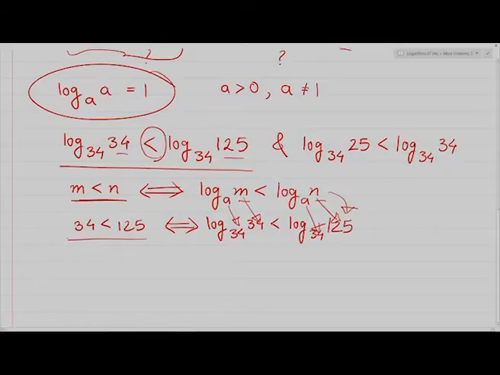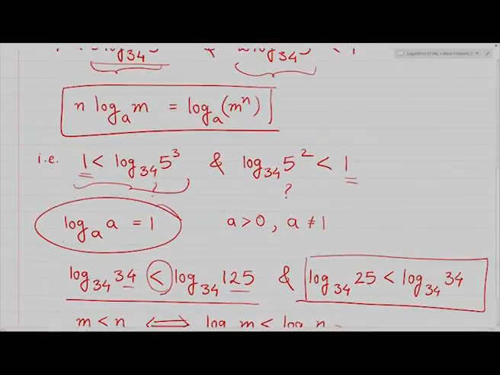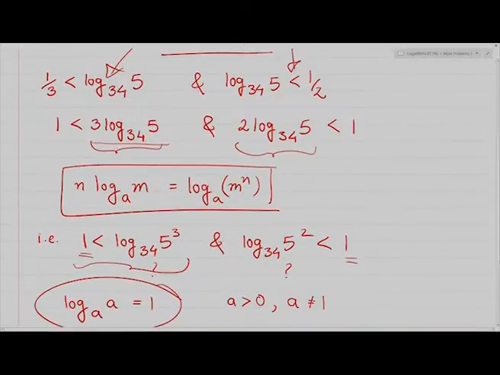So, in particular you must have understood that because 34 is less than 125, I have log to the base 34 of 34 less than log to the base 34 of 125, and therefore all previous steps will go through, and I have proved 1 is less than 3 times log to the base 34 of 5.